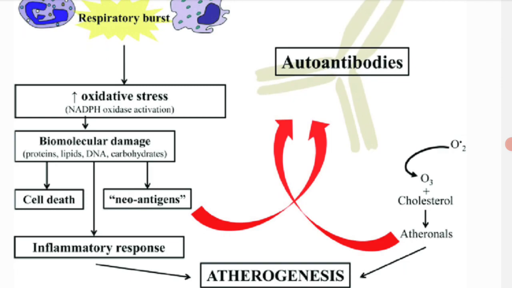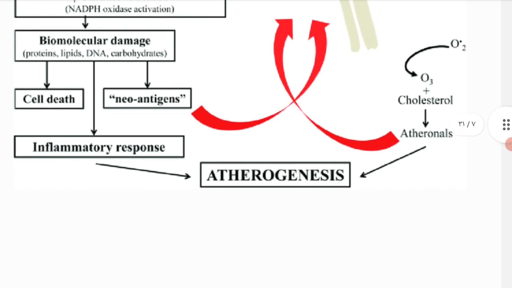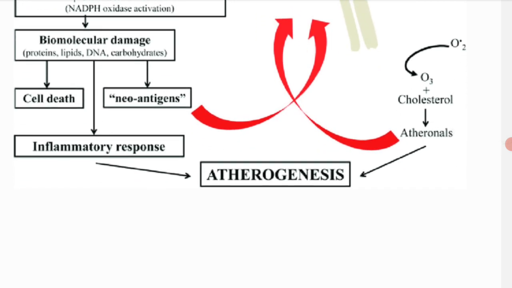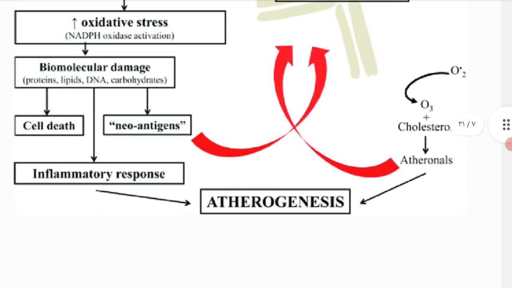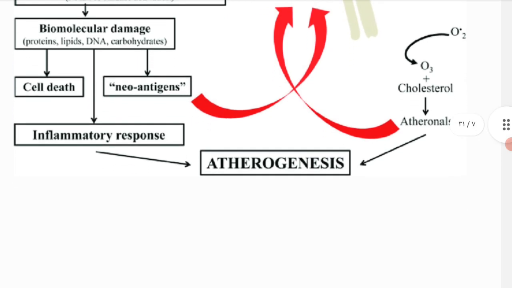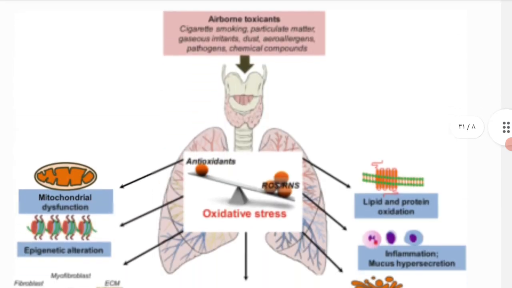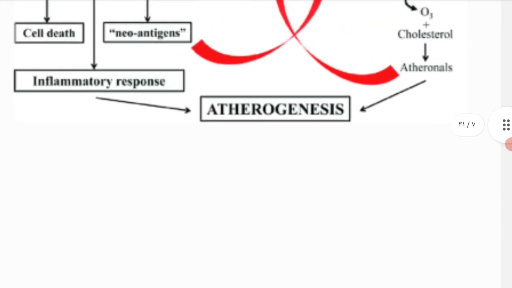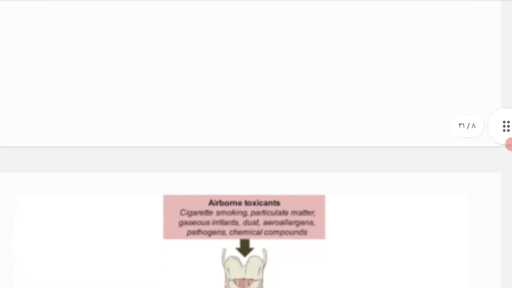This leads either to cell death, or to new antigens that lead to autoantibodies, or to an inflammatory response that leads to atherogenesis. As we see in this molecule, oxygen reacts with cholesterol, leading to atherols and causing atherogenesis. This is an example of oxidative stress in disease.